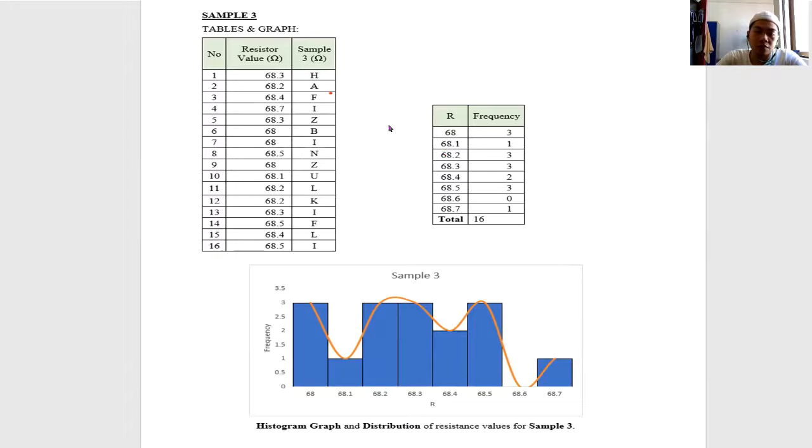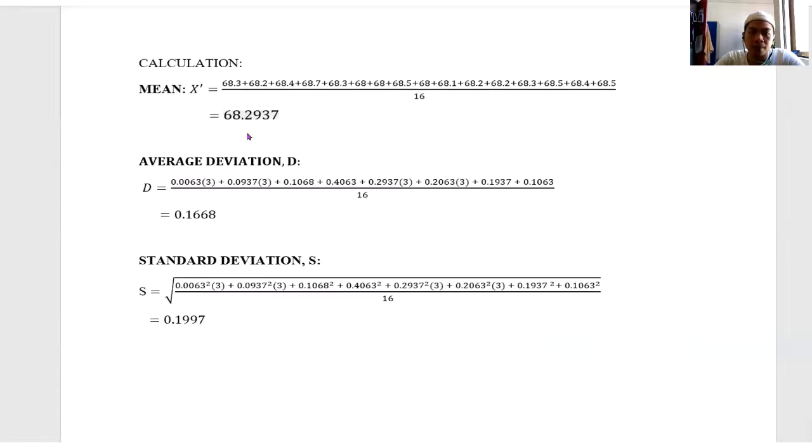So from the table and data that we get, this is the histogram that we can found from the frequency versus resistance. So from the data, we calculate the mean of the sample and get this value.